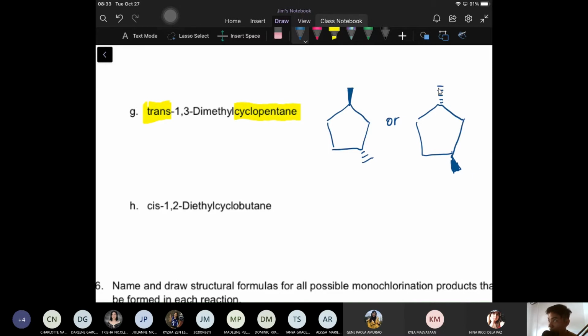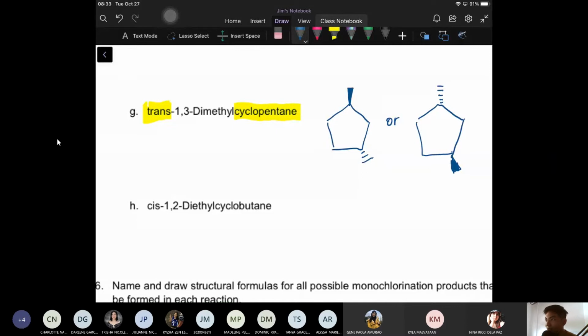That means this methyl group is pointing downwards. This methyl group is now pointing upwards. So they are trans pa rin, no? Isa nasa baba, yung isa nasa taas. So trans isomer yan. Okay, so ganun lang. It's just a matter of placing wedge and dashes, no?